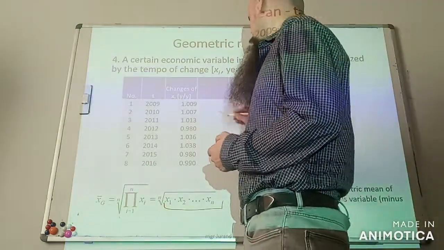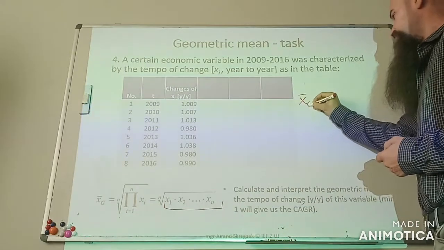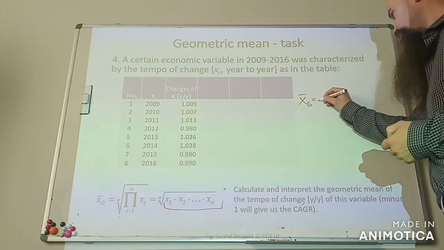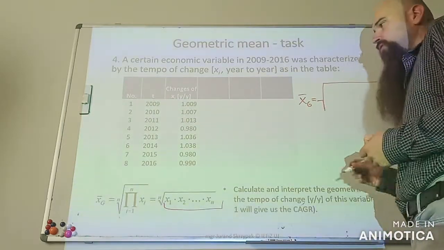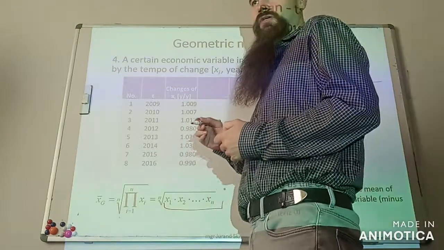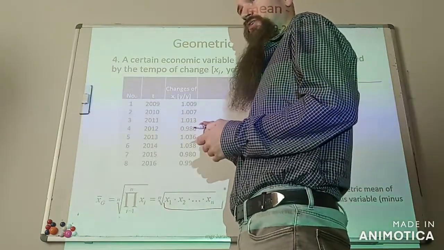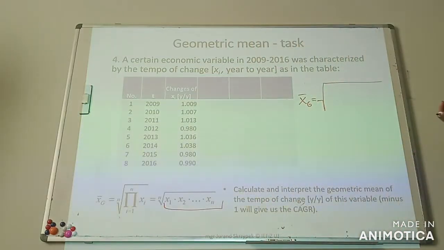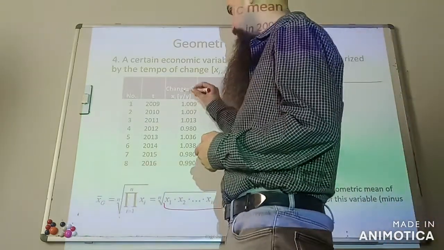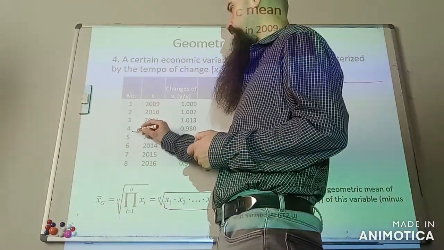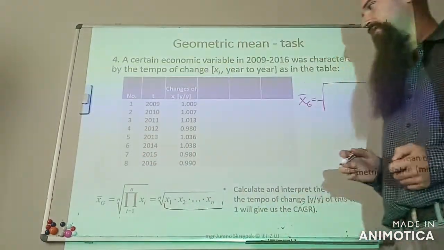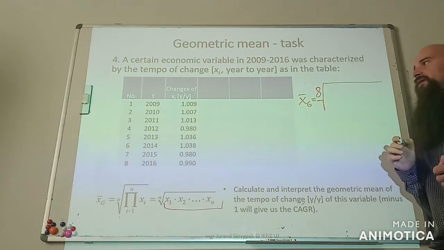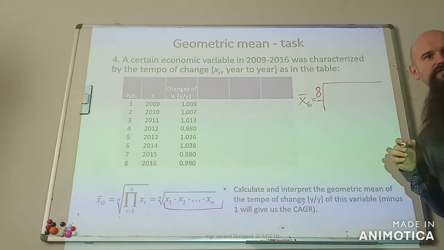So, the geometric mean is equal to the root. We should determine the degree of the root. It depends on the population size: how many observations we have? 1, 2, 3, 4, 5, 6, 7, 8. Yes, we have 8 values, so we have the 8th degree of our root.